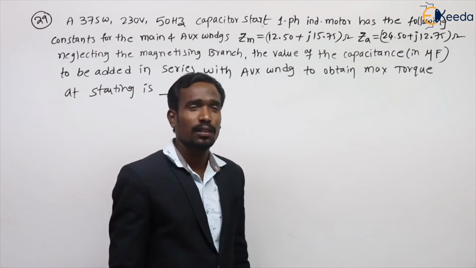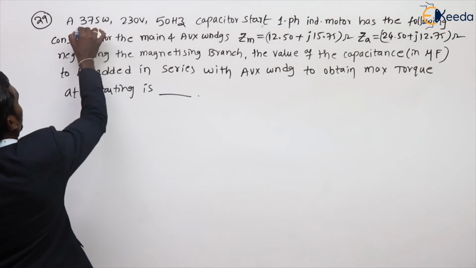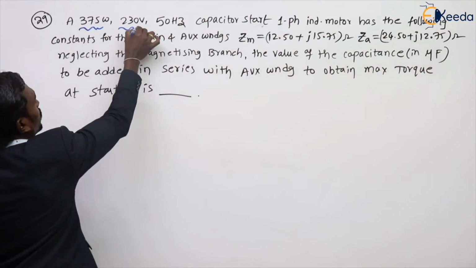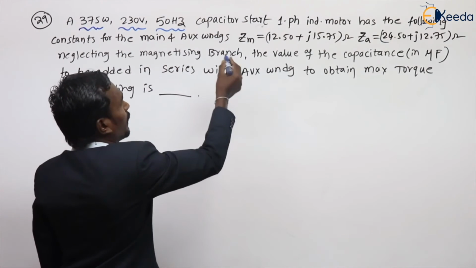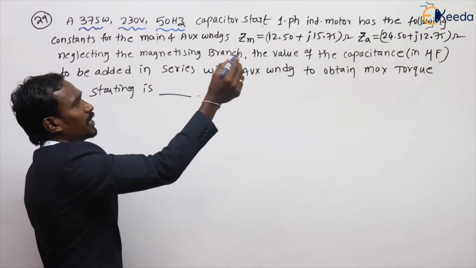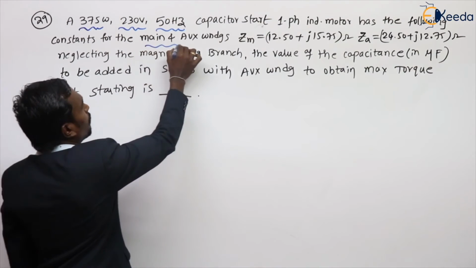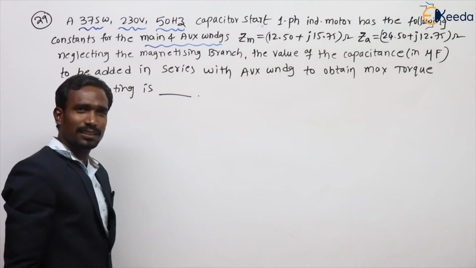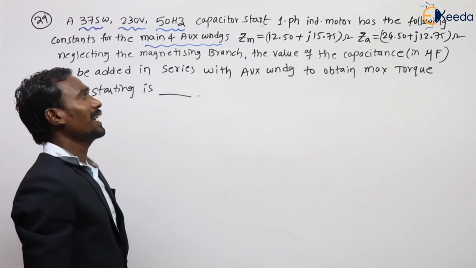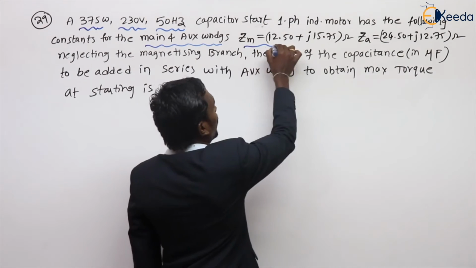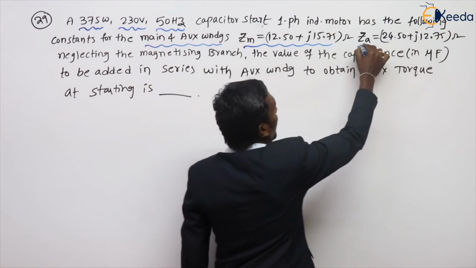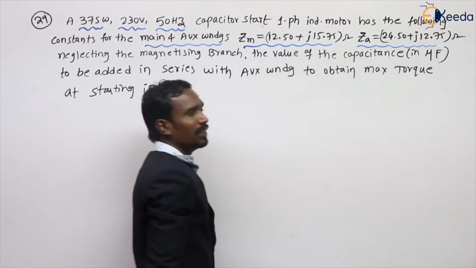Be careful. See, a 375 watts, 230 volts, 50 Hz capacitor start single phase induction motor has the following constants for the main and auxiliary windings. The main winding impedance they gave, auxiliary winding impedance also they gave.